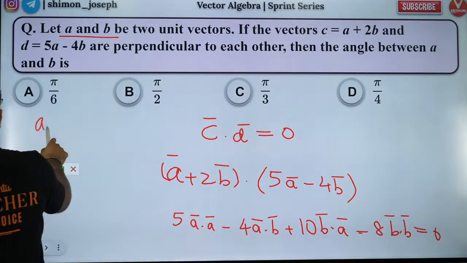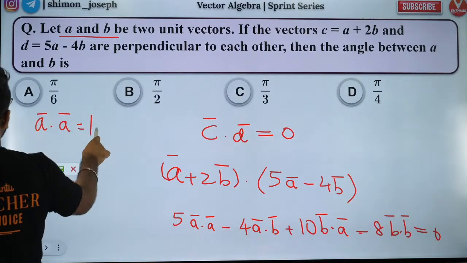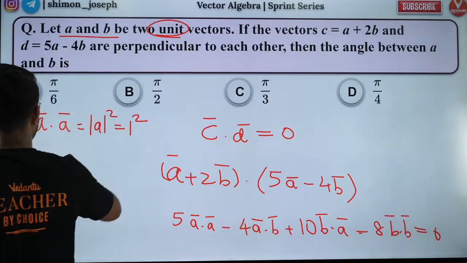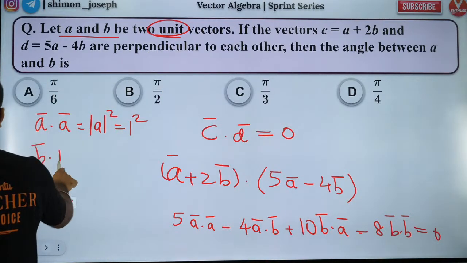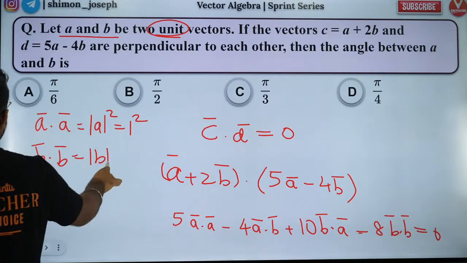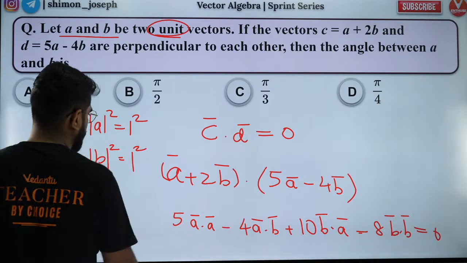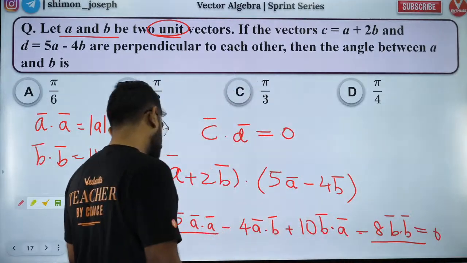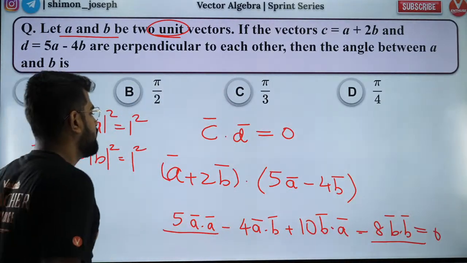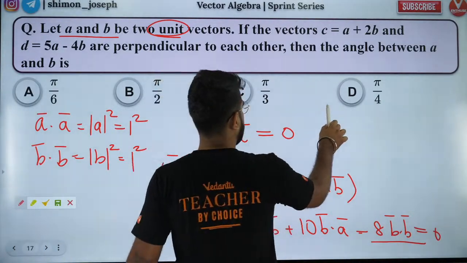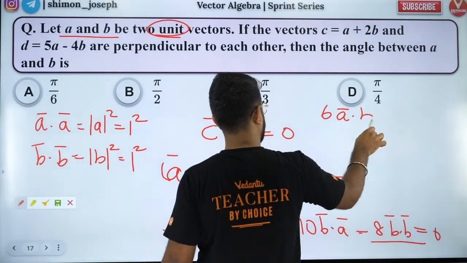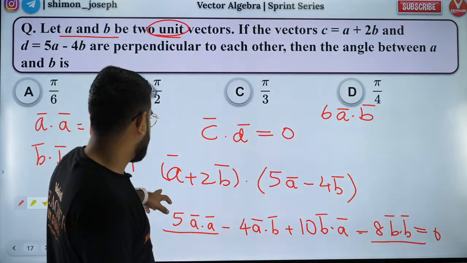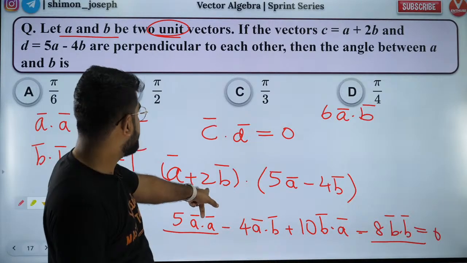My dear boys and girls, A dot A is mod A square, which is 1 square. Why? Unit vector. Similarly, B dot B is mod B square, which is 1 square. So this will be 1, this will be 1. So I'll have 6A dot B. Is that right? 6A dot B. Did I do it correctly? 5 and 8, right?